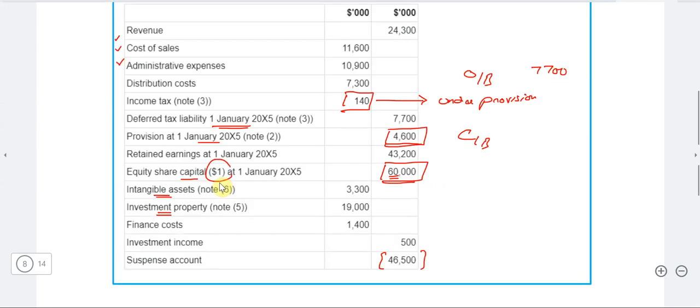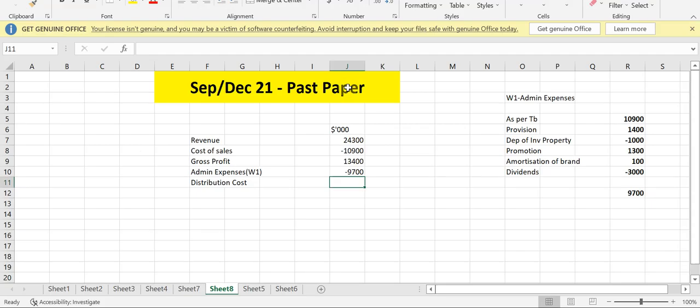Go to the trial balance and see how much it is. Distribution cost is 7300. Again, it should be deducted. Once we are done with all this, we'll have 3600, which is the loss from operations.